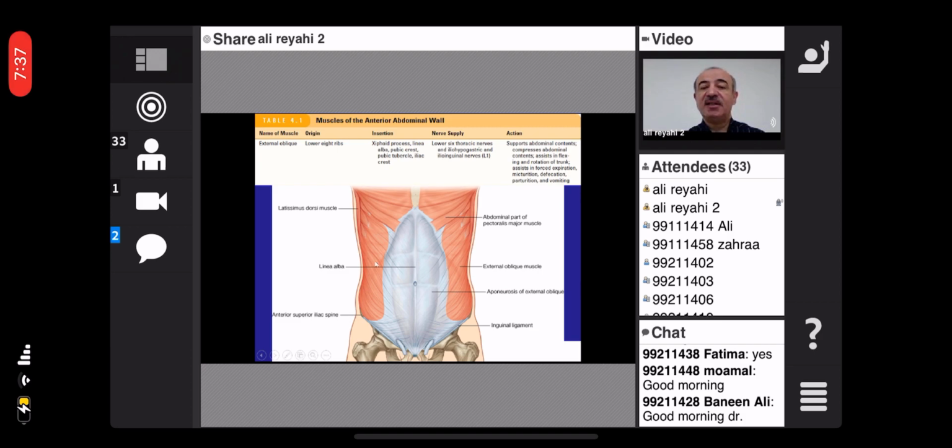It is innervated by the lower 6 thoracic nerves and by L1, through two nerves called iliohypogastric and ilioinguinal nerves, which originate from L1. This is the external oblique, and I talked about the action or function of this muscle.